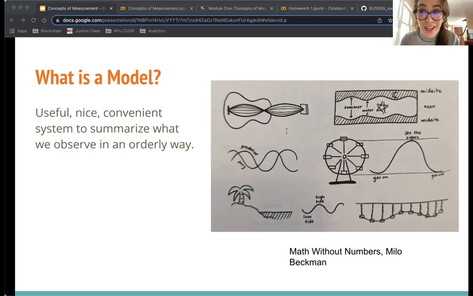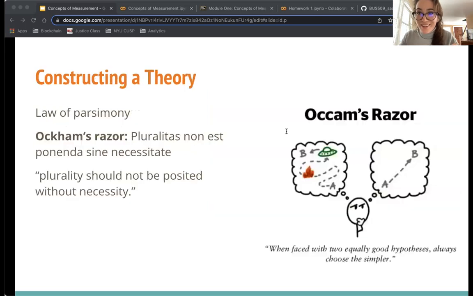Can also be used to look at the length of a day. You have this kind of oscillation of a model of how these things work, or the average temperature over the course of a year. Thinking even like the height of a point on a rotating circle, levels of tides, and compression of a string. All these things can be modeled using statistics and math.